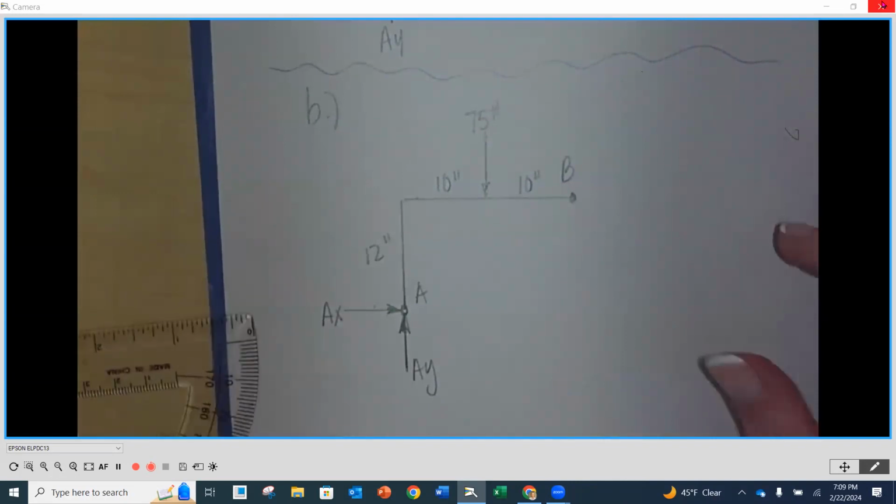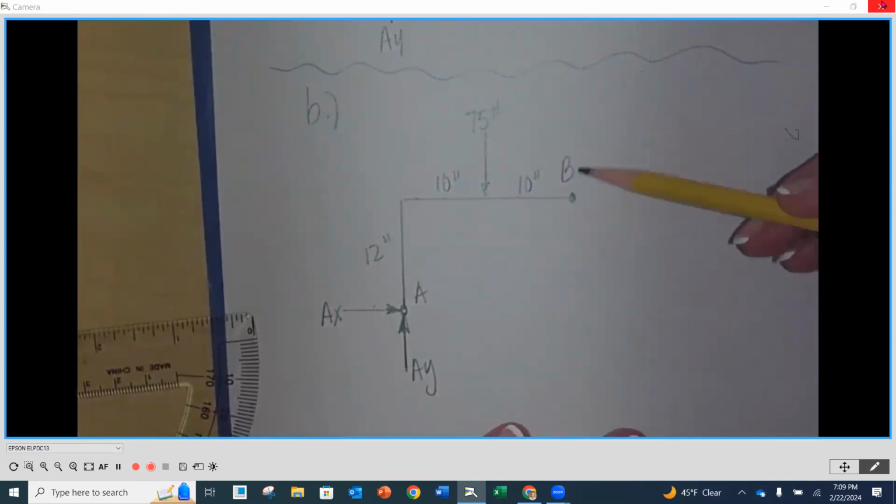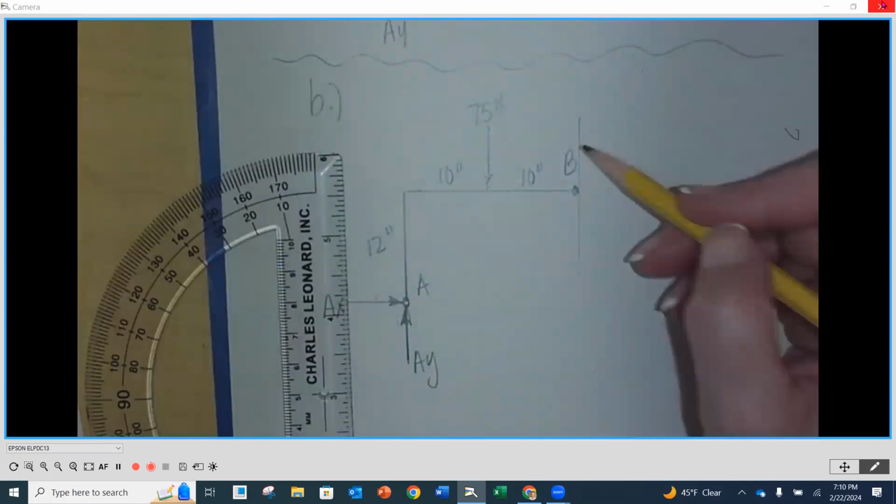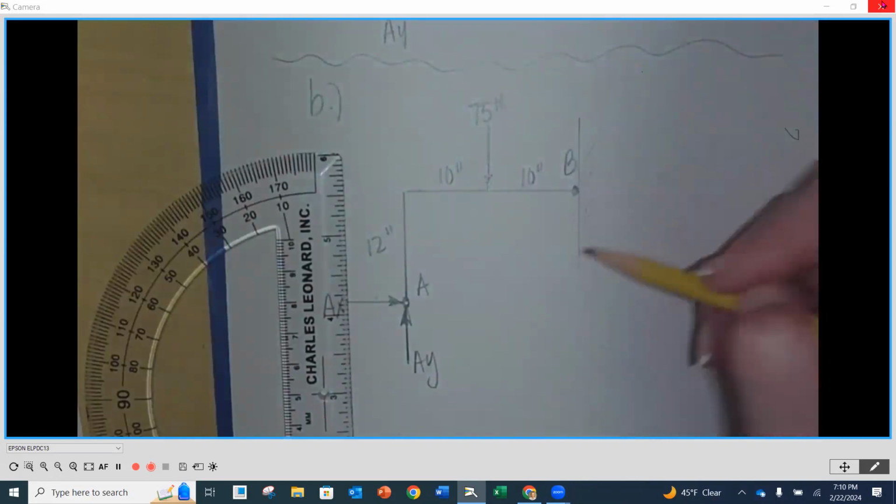Okay. So I'll just make sure everybody's on the same place. And then my surface here is vertical. Okay, so the surface is vertical like that. So it's kind of like this is the surface that it's riding on. So that means that its reaction is going to be perpendicular to that.